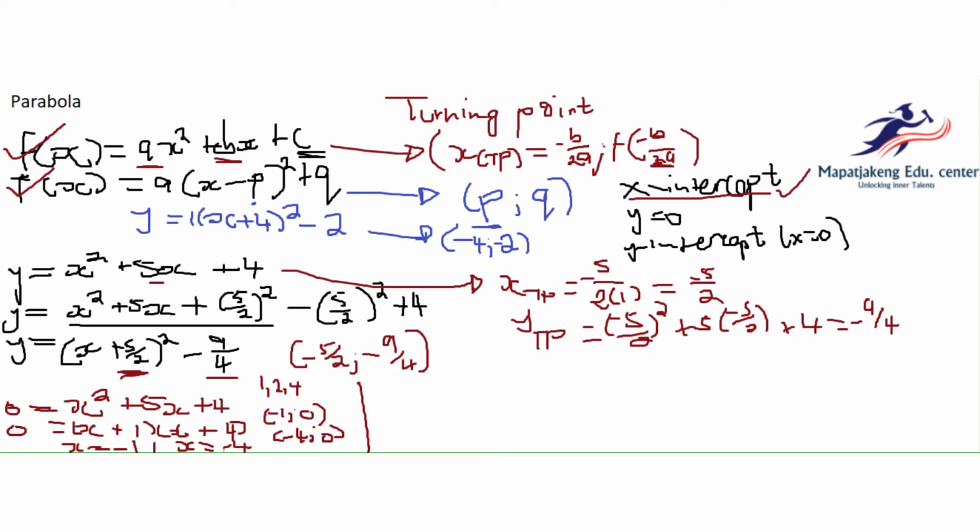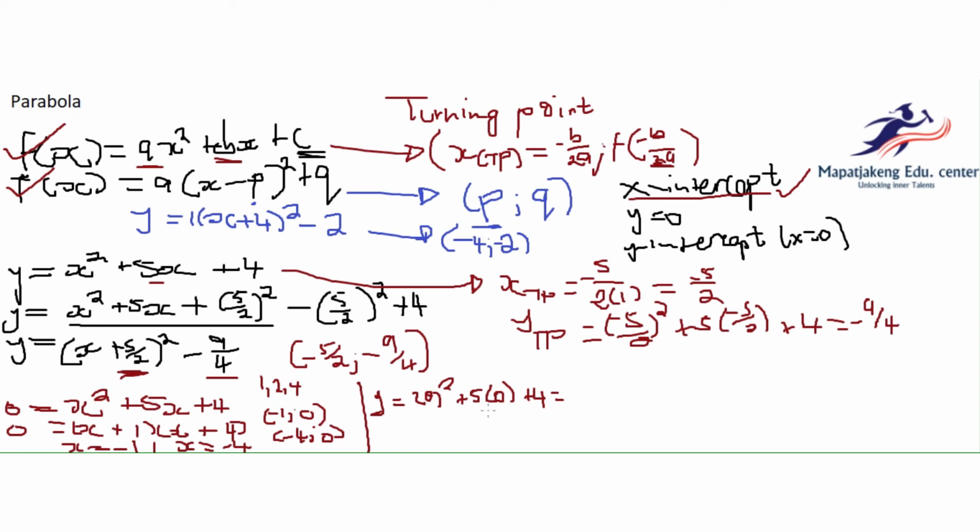Those are our x-intercepts. For our y-intercept, we let x be equal to 0. Then we go to the original function and say we're looking for y equal to 0 squared plus 5 times 0 plus 4. 0 squared is 0.